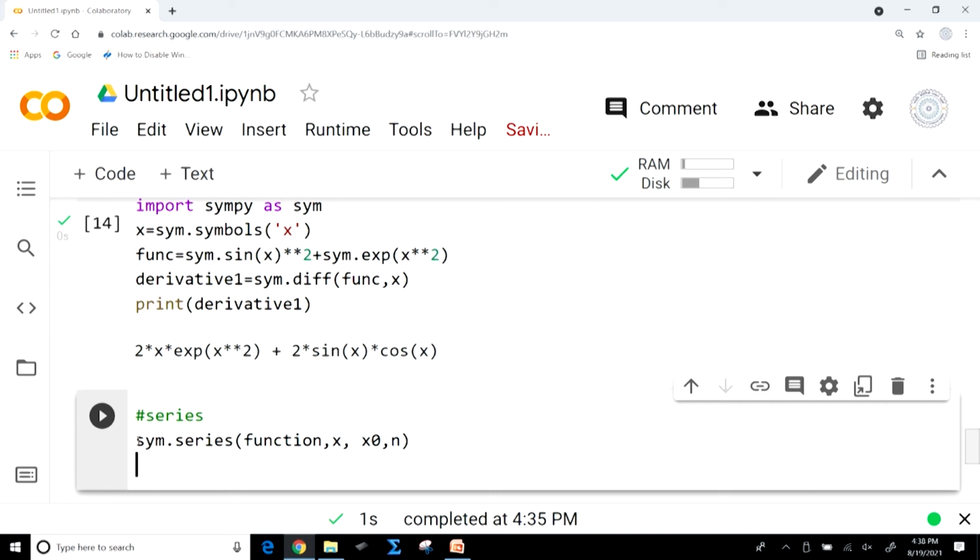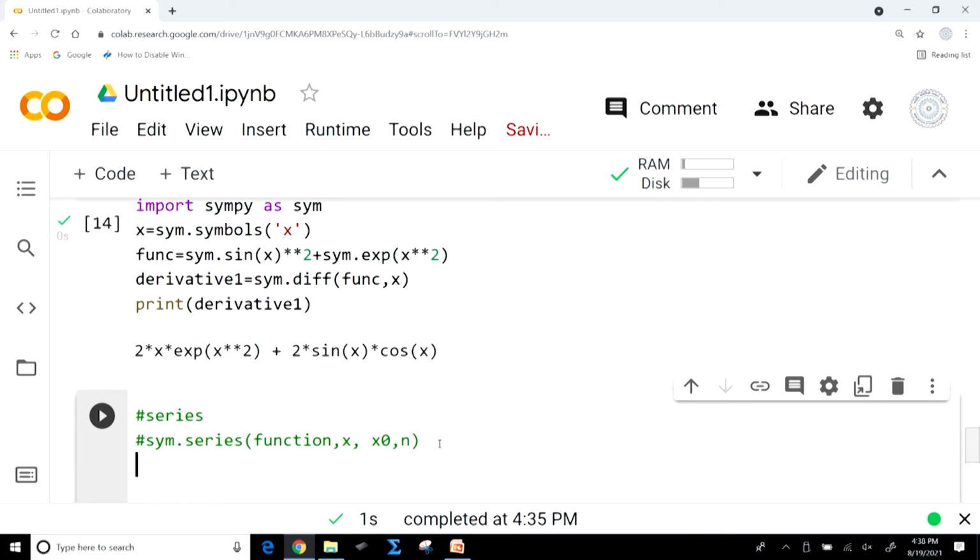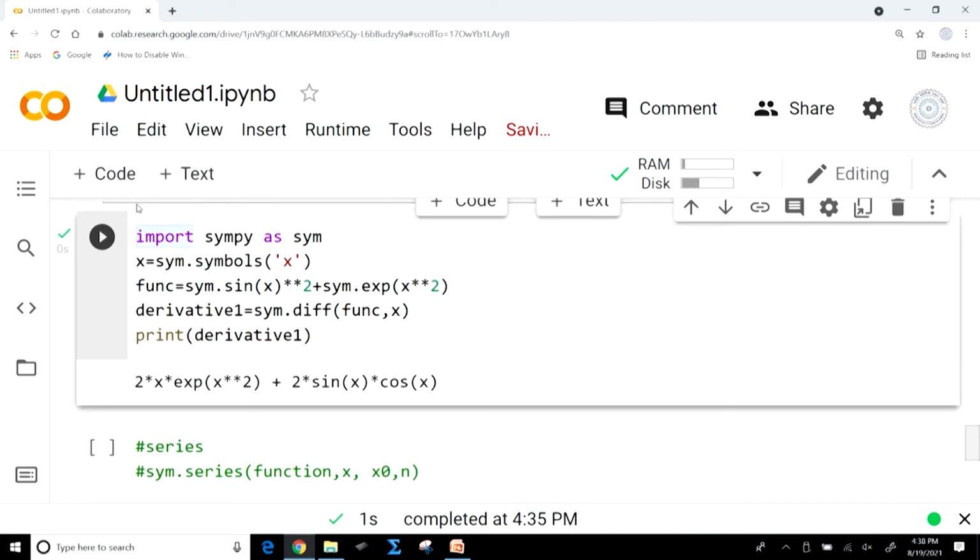I am writing here a hash comment, simply for your convenience, so you know which command you will use.